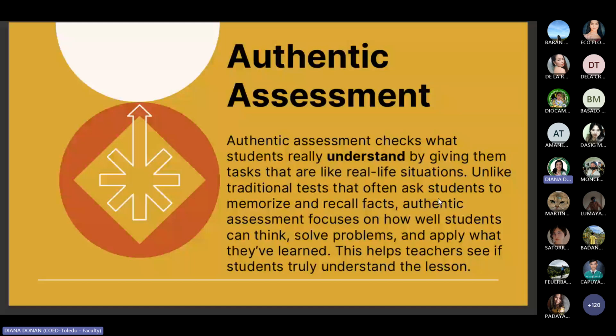And this helps teachers see if the students truly understand the lesson, or in other words, it is a form of assessment in which students are asked to perform real world tasks that demonstrate meaningful application of essential knowledge and skills.